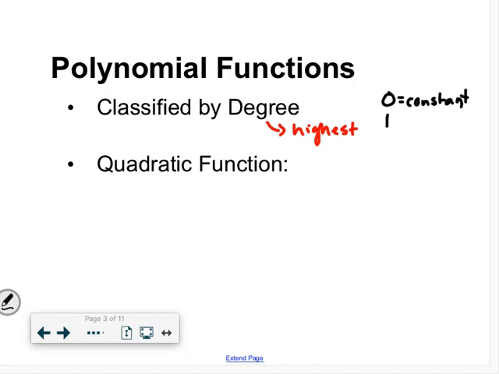If you have a degree of 1, then you're linear. 2 is quadratic, so that's our quadratic function, degree 2. You said that in the warm-up, so you already knew that. 3 is cubic. Does anybody remember the name for a 4th degree polynomial? Quartic, and then maybe you did 5th degree was quintic.